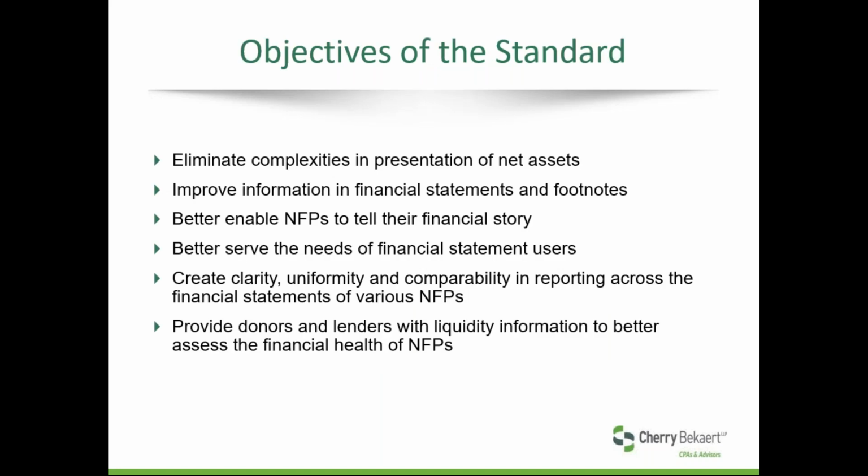So Patricia, what are the primary objectives of ASU 2016-14? Well, some of the primary objectives of the standard was to eliminate some of the perceived complexities in presenting net assets, to improve financial statement and footnote disclosures.